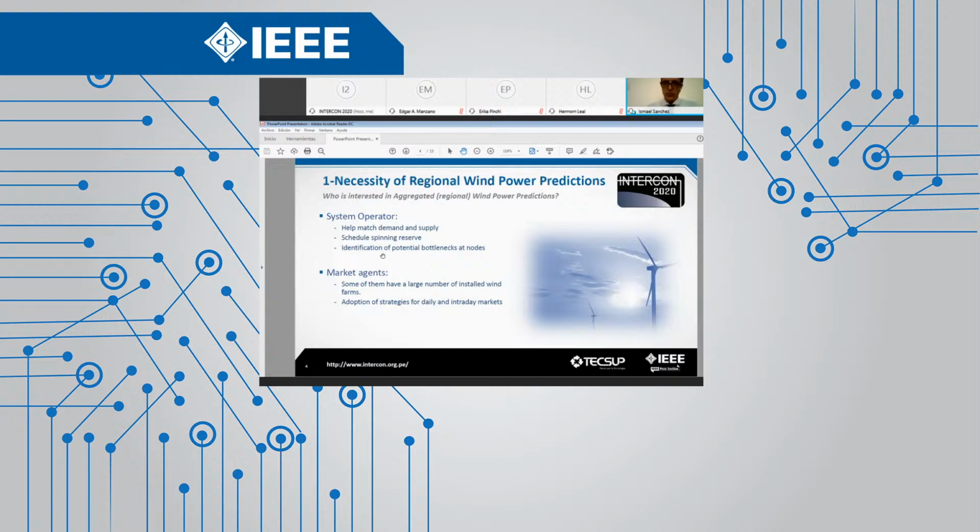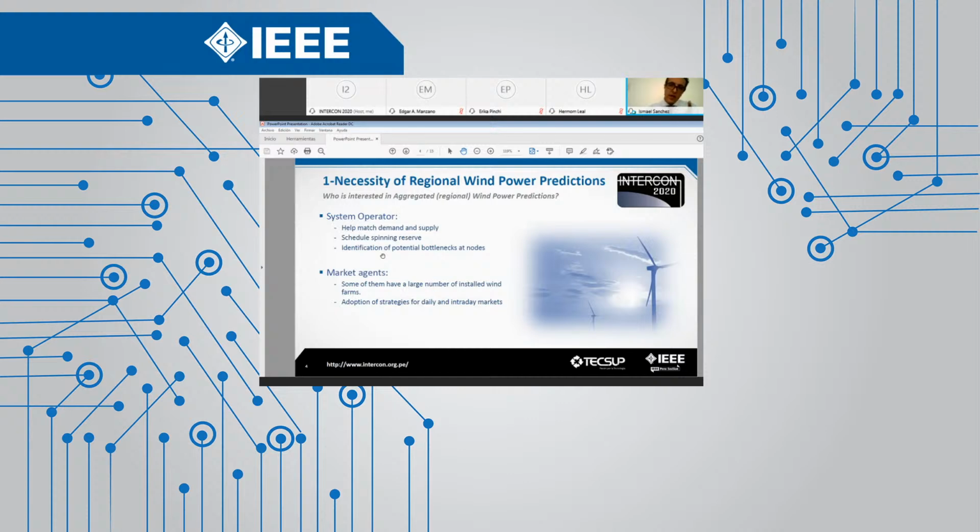But also utilities need regional power prediction because many of them are large companies that have wind farms in different points of the geography. So they want to know every morning how much energy they have to bring to the market in the countries that have a market, like in many countries of Europe or other states. Also, they can optimize their strategy.